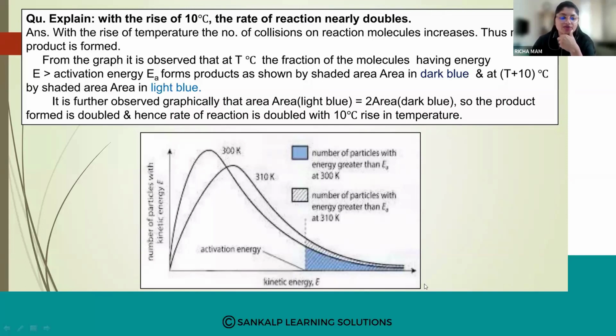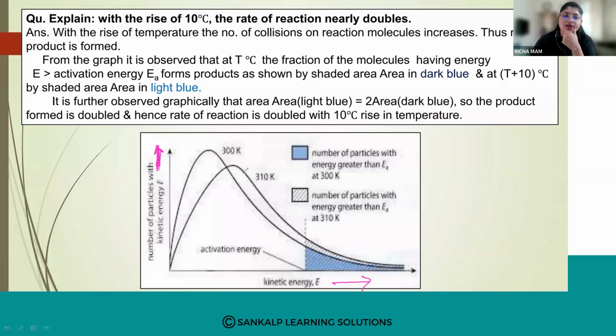We have seen the distribution of the kinetic energy among the gas molecules at two temperatures. Here you can see the number of particles with kinetic energy E. This is the number of particles, or the fraction of molecules, versus the kinetic energy.